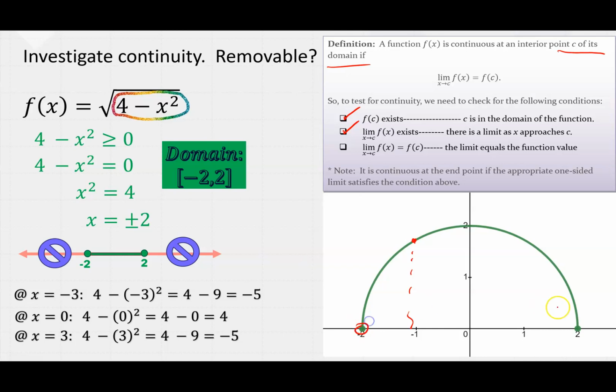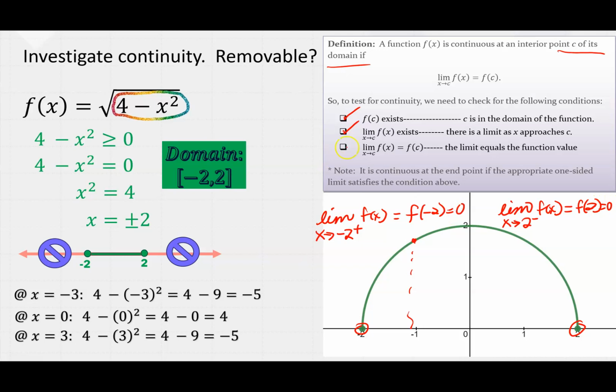Now, what about the endpoint? At the endpoint, we are talking about the limit as x goes to -2 from the right of f of x, and that is equal to f of -2. Or on the right, we are talking about the limit as x goes to 2 from the left of f of x, and that is equal to f of 2, which is 0.